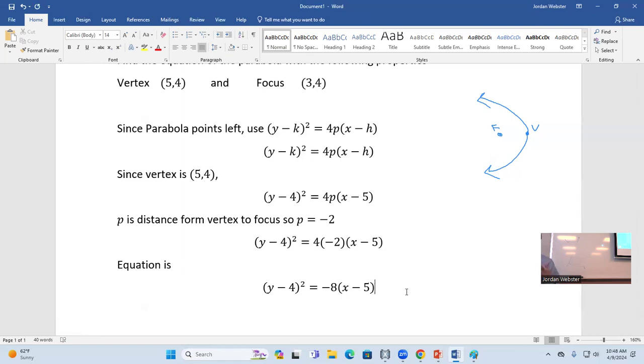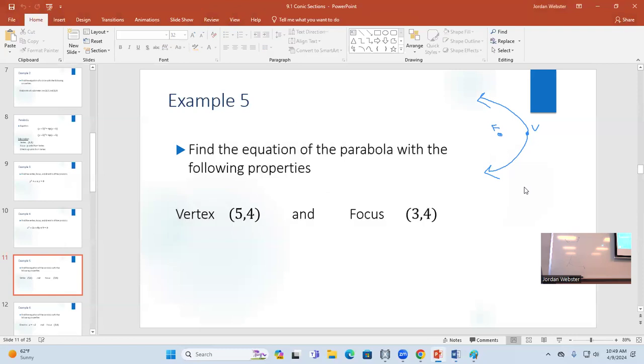Now, obviously, we have to figure out what the vertex is and what the p is to be able to do our parabola. And so sometimes that's harder, sometimes that's easier. Here we were given the vertex, and even though we weren't given the p, it was a straightforward subtraction to get the p value. Obviously, there's other techniques that could be more or less difficult.